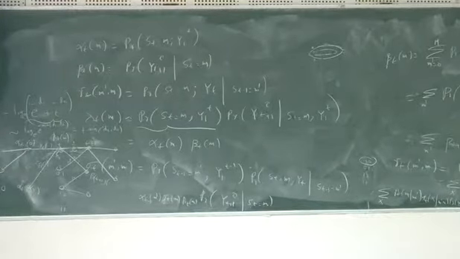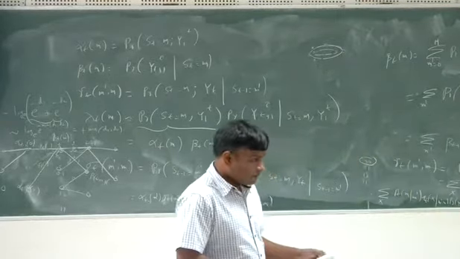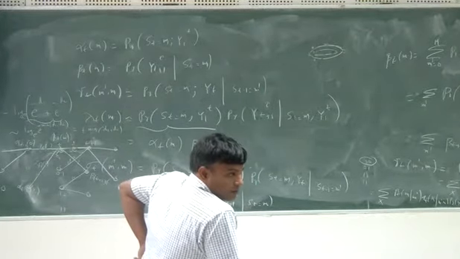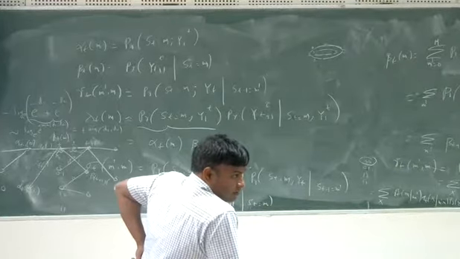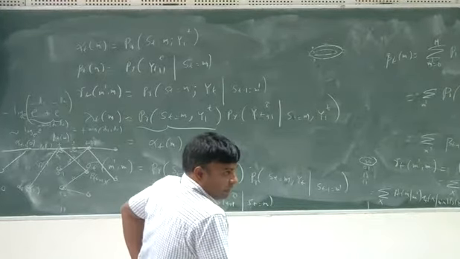Once you know the log-likelihood ratio, that's even better. Okay, so I want you to implement the full APP algorithm and the max-log algorithm. I'll just talk about what the log is.